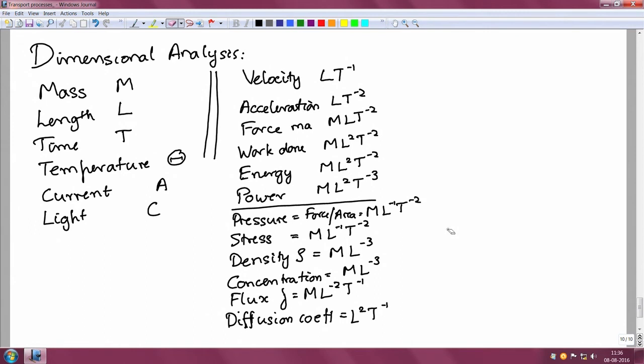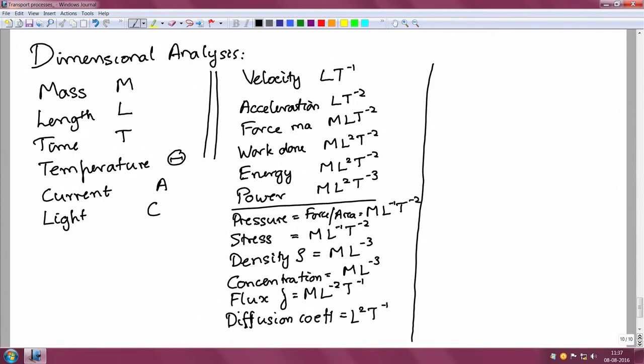Now, let us go through some fundamental quantities in heat transfer. The properties of the fluid in heat transfer are the specific heat and the thermal conductivity, and the flux is the heat flux.